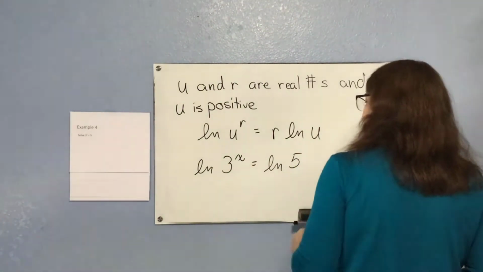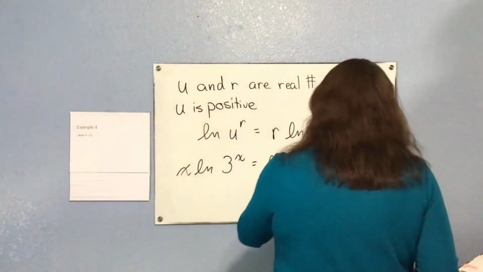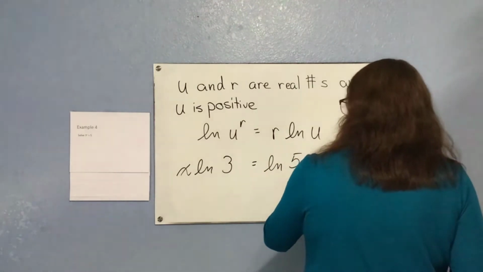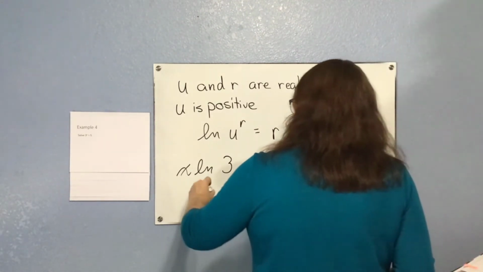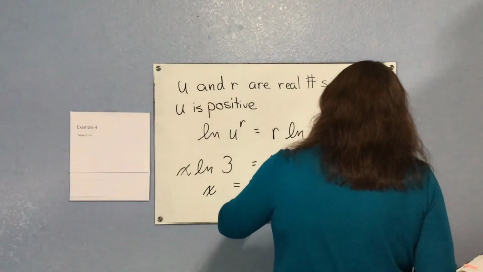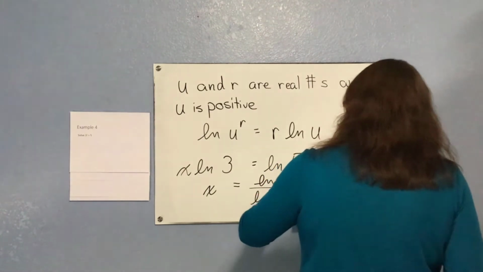Okay, once I've taken the natural log, now I can bring this x out front. So I'll put it there instead of here. And now I can isolate the x and write natural log of 5 over natural log of 3.